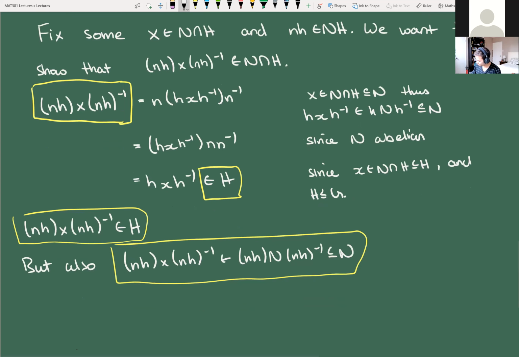All right. So nh x (nh)^-1 is in N intersect H, like so.